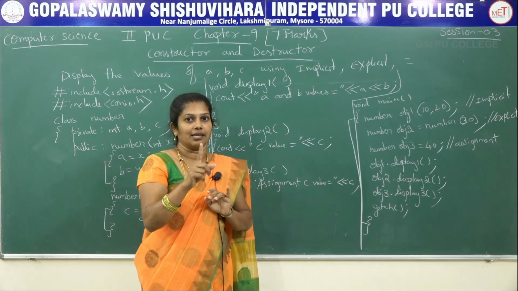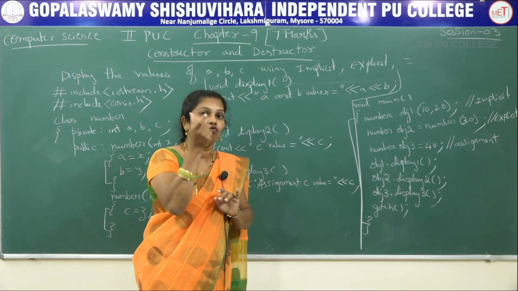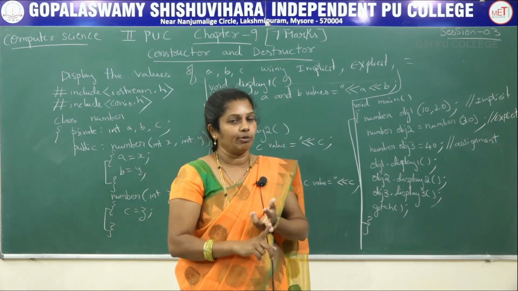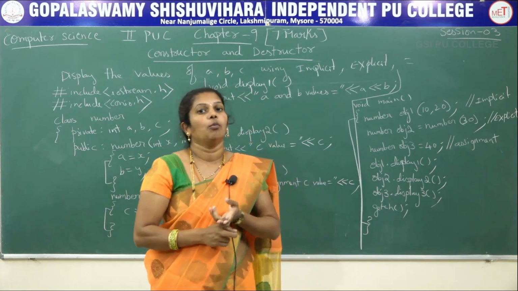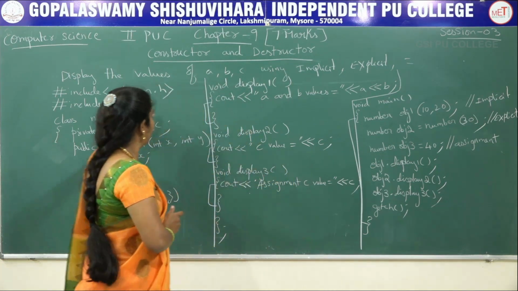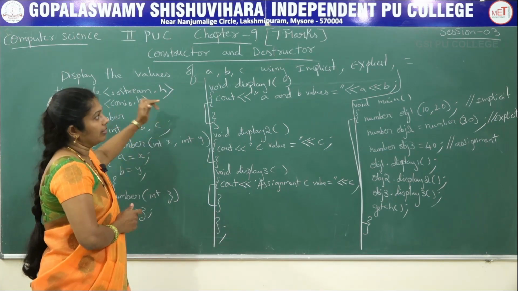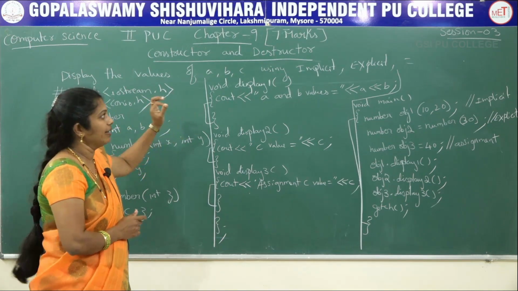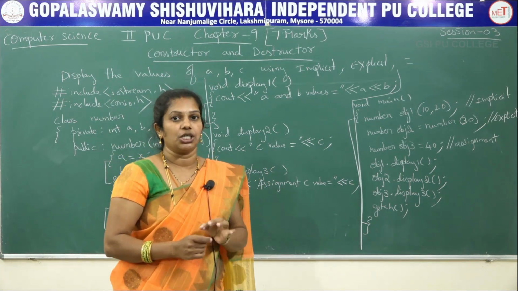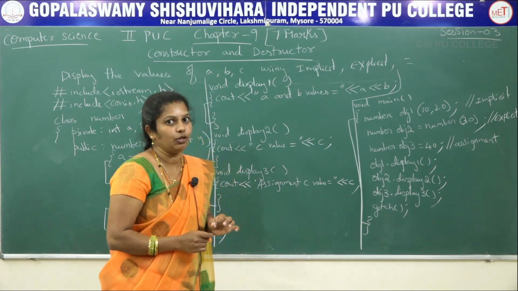And the last case, the drawback is that only one argument we are able to send. Whereas in implicit call as well as in explicit call, in these 2 cases more than one argument can also be passed. This is the example program to display the values A, B, C by using implicit call, explicit call, and initialization at the time of declaration with assignment operator.